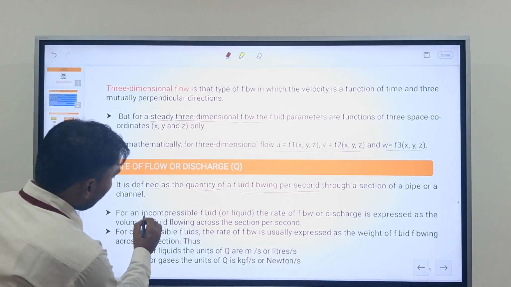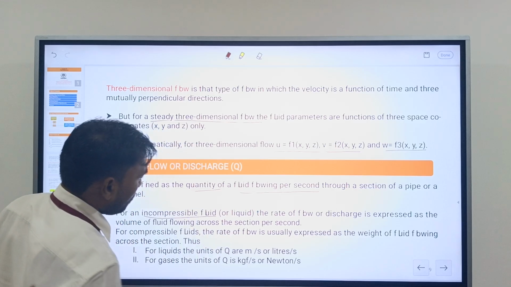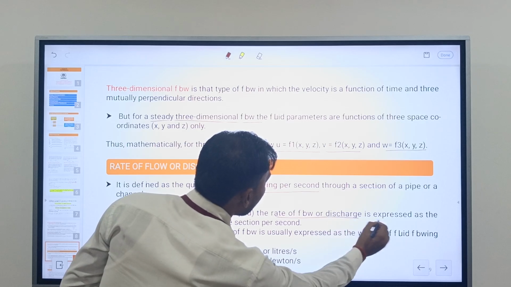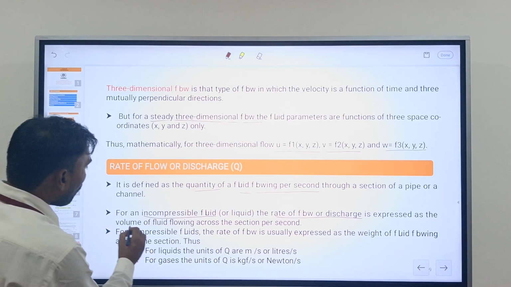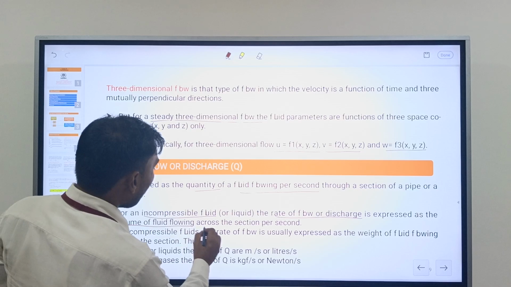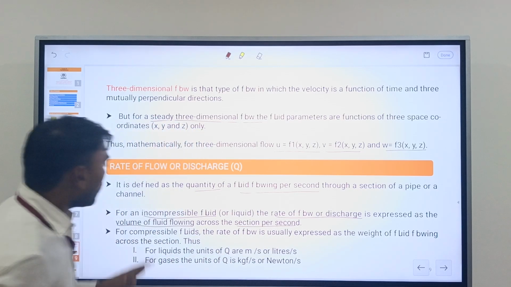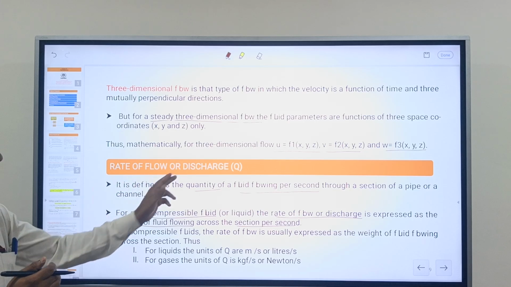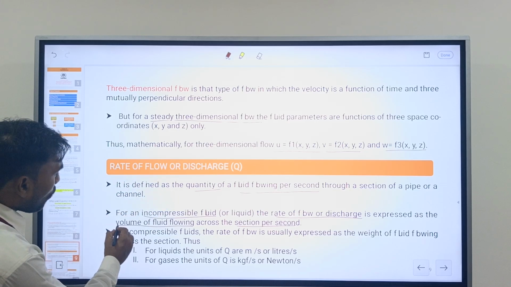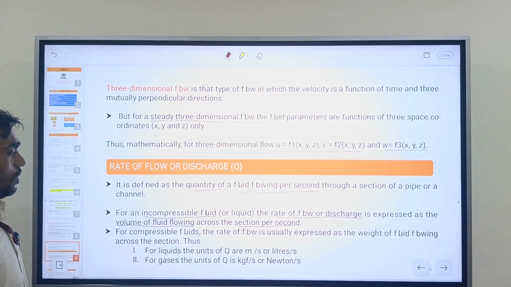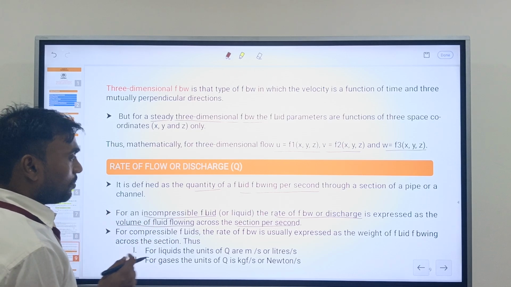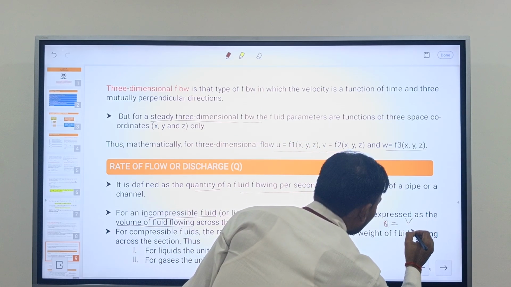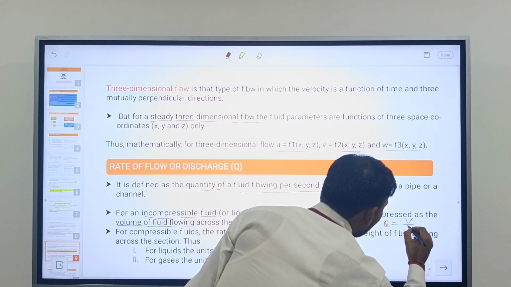In case of incompressible fluid, the rate of flow or discharge is expressed as the volume of fluid flowing across the section per second. So in case of incompressible fluid, we can define the rate of discharge, capital Q, as volume of fluid flowing across the section per second. Means Q equal to volume of fluid flow per second, means time.